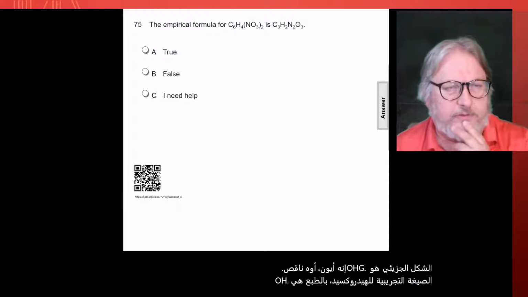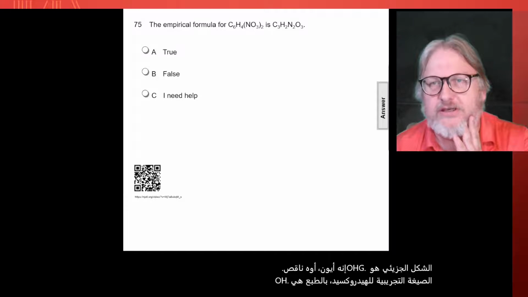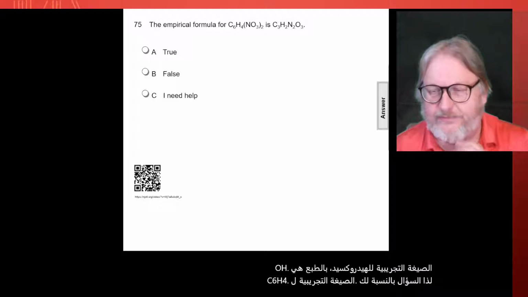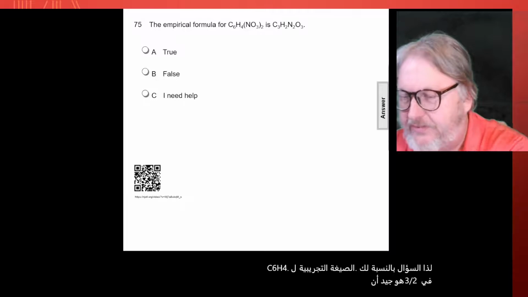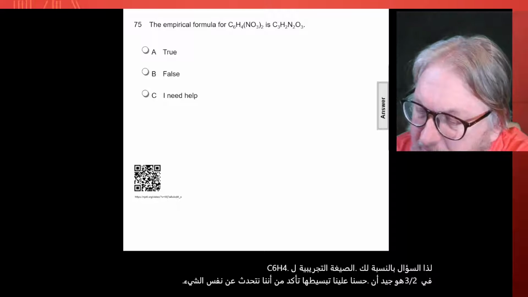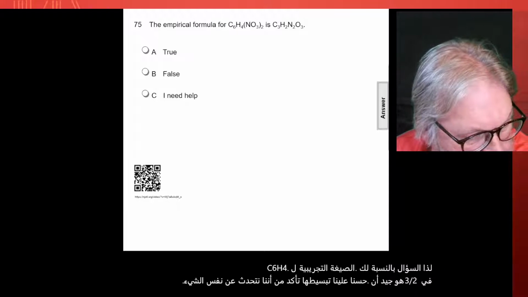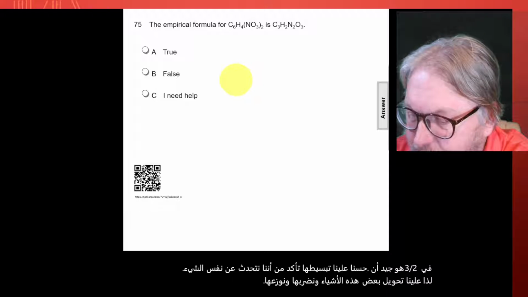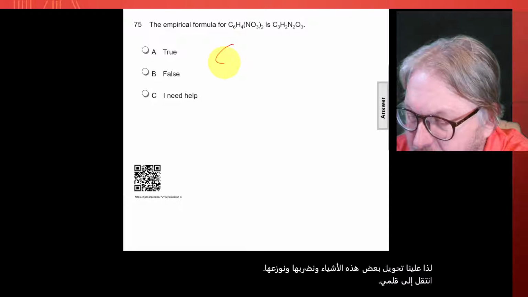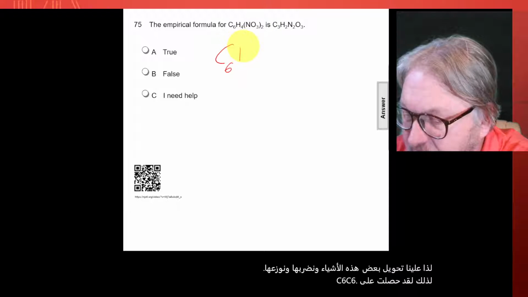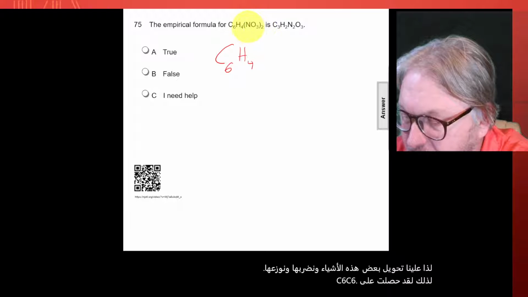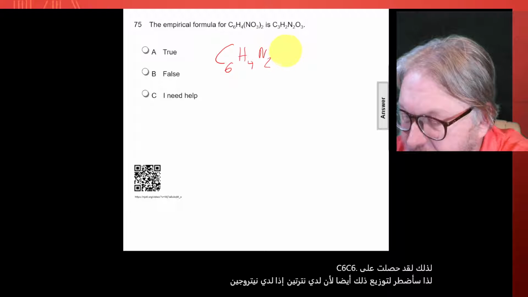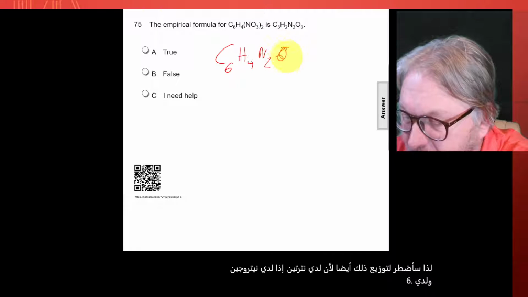So, question for you. The empirical formula for C6H4(NO3)2 is, well, we've got to simplify it, make sure we're talking about the same thing. So we're going to have to convert some of these things and multiply and distribute things out. Switch to my pen. So I've got C6, I've got H4. I'm going to have to distribute that 2 too, because I've got two nitrates. So I've got two nitrogens, and I've got six oxygens.